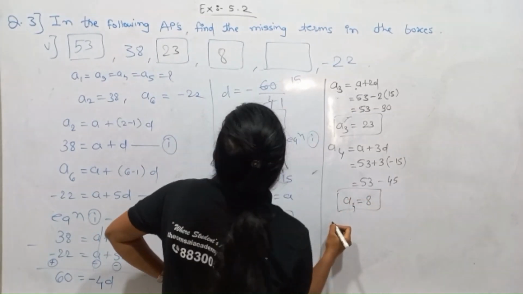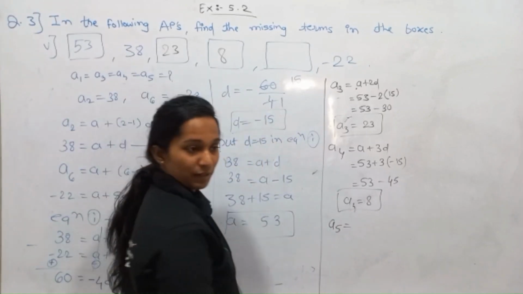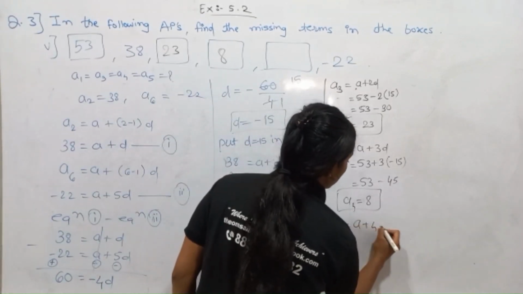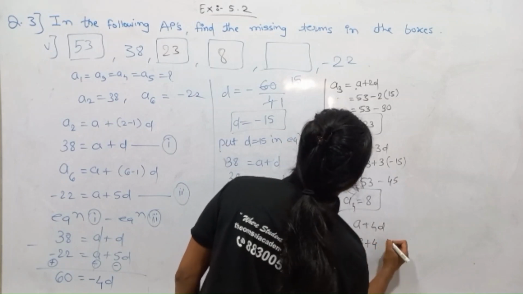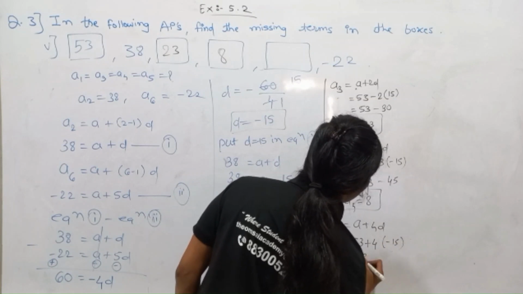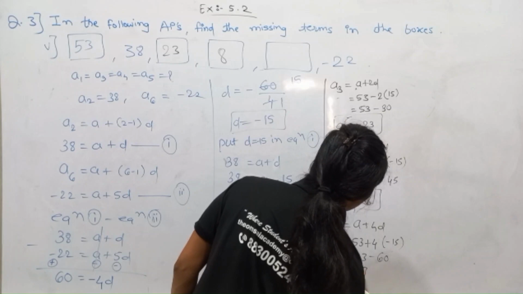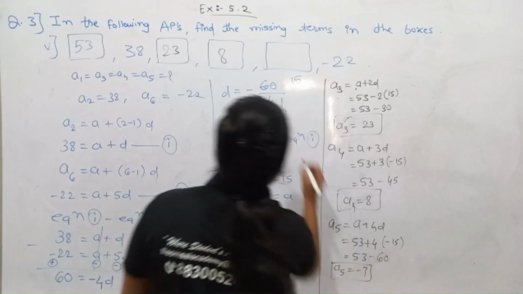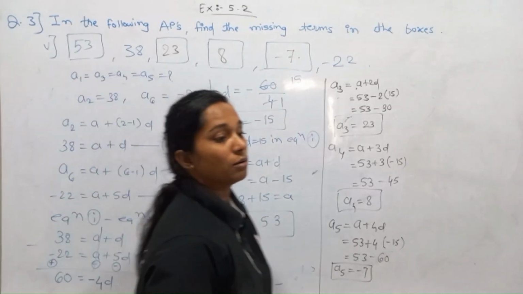Now I have to find out A5. A5 is nothing but A plus 4D. A is 53 plus 4 into distance, minus 15. It's minus 60. So A5 is minus 7.